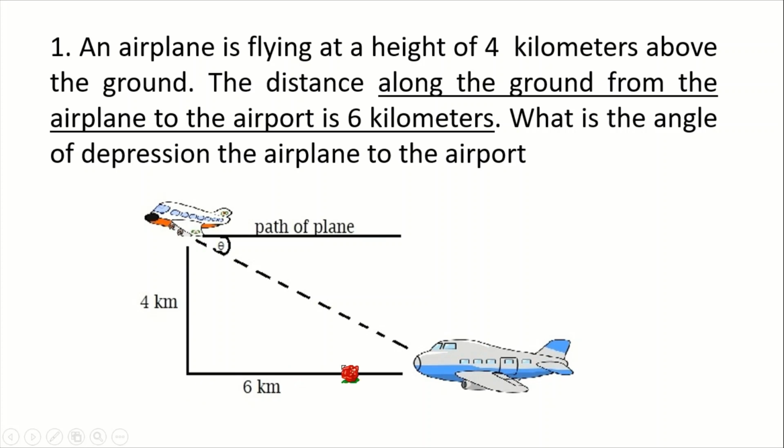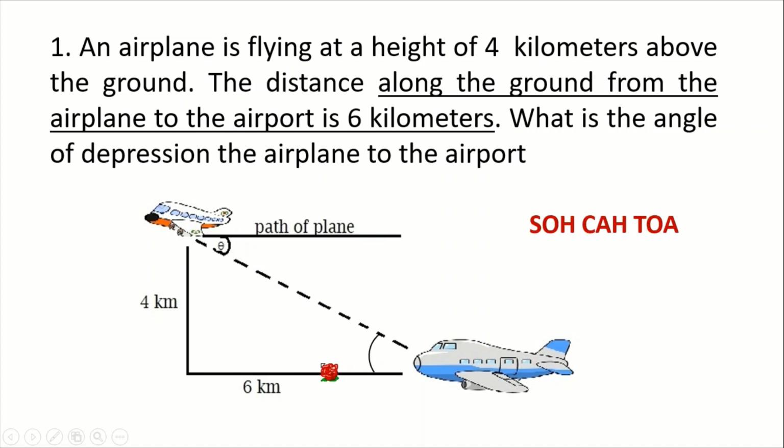So, this is the ground. And then, yung kanyang naitakbo na mula sa airport is 6 kilometers. So, ito yung path niya. So, hinahanap natin is yung angle of depression. Okay, so, mula sa current position niya sa itaas, papunta doon sa baba or kung saan siya nagmula. Okay, so yun yung hanap natin, angle of depression.